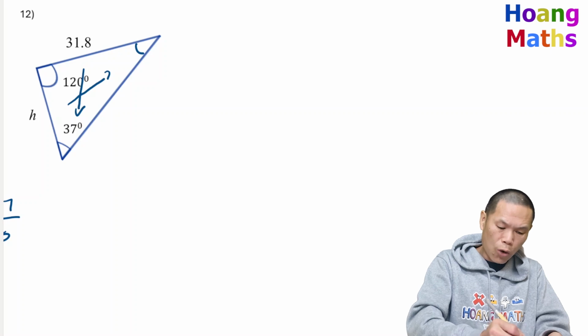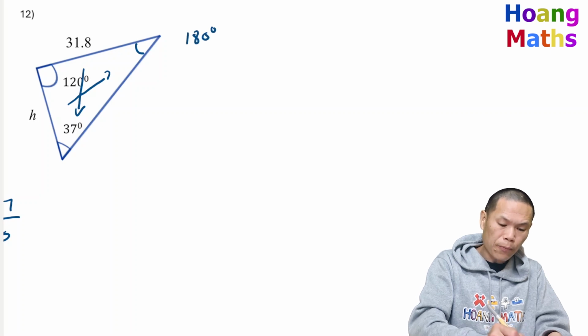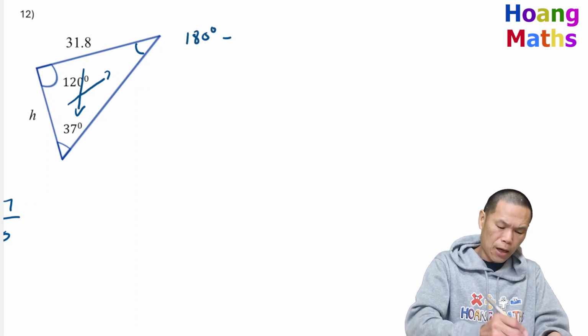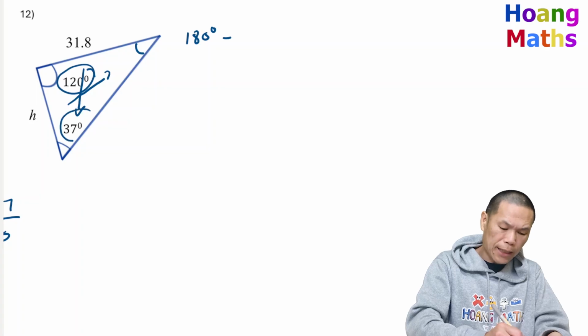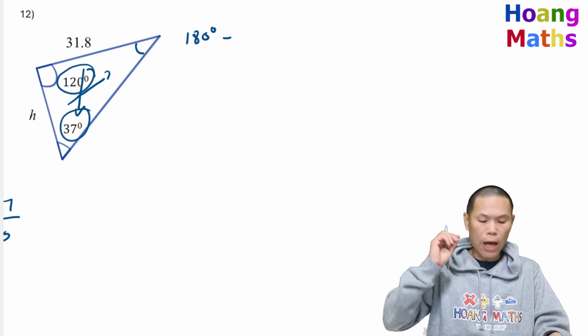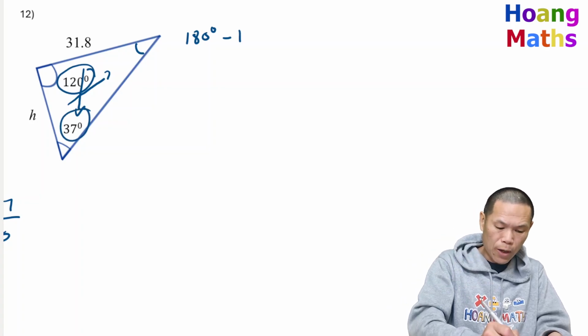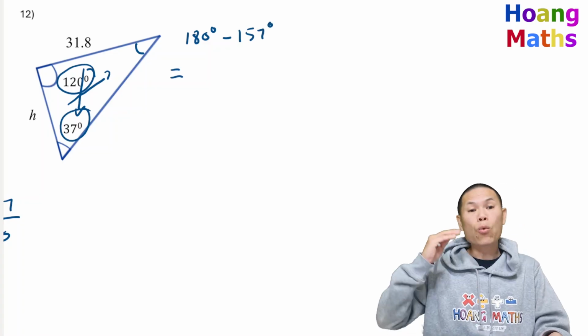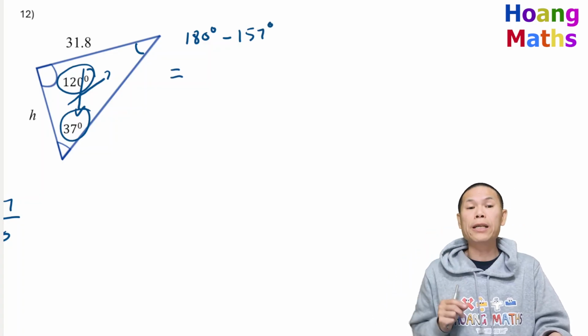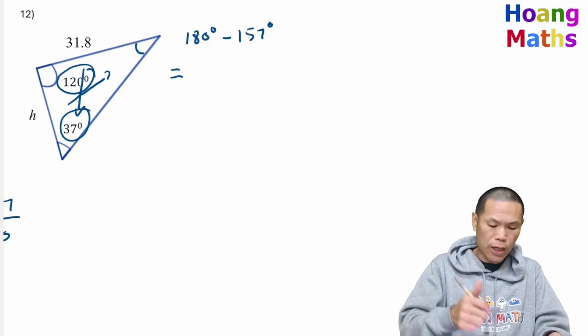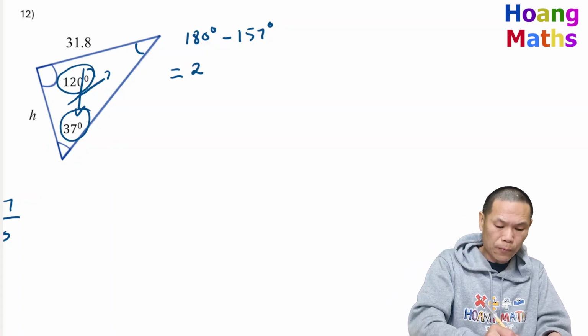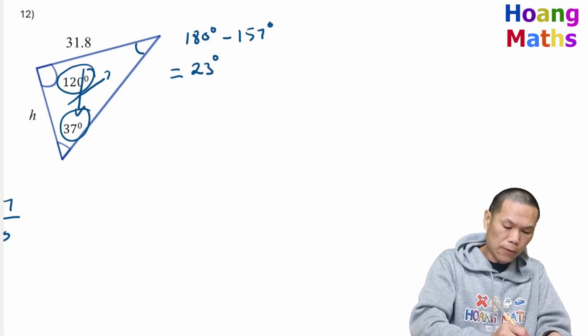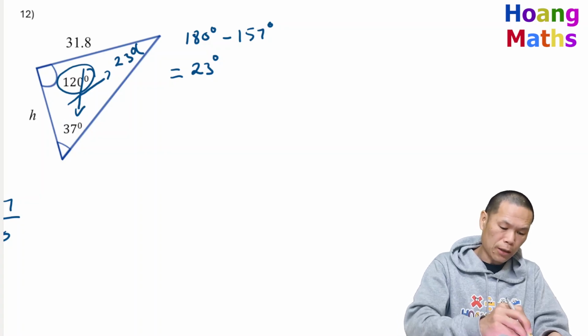So we just go 180 degrees, we minus 120 plus 37, so 157 degrees. So 180 minus 160 gives me 20, add 3, 23 degrees. So this is 23 degrees.